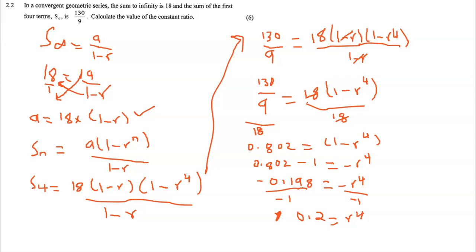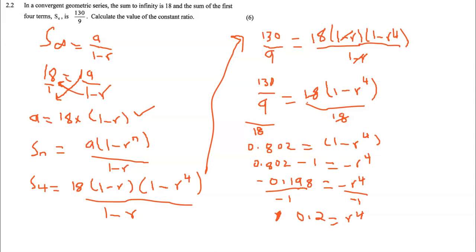For the fraction ones, that number I'm having there is the same thing as 0.198. So this number that I got here is the same number for this one. So we're doing fractions now.